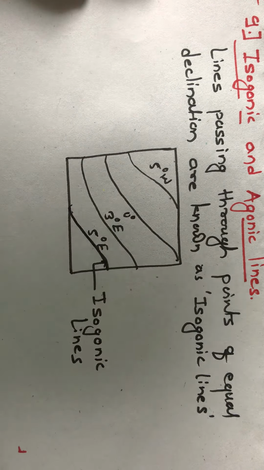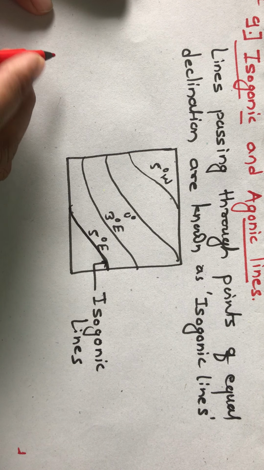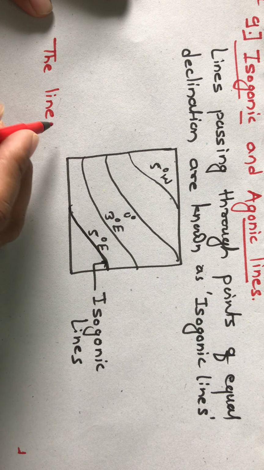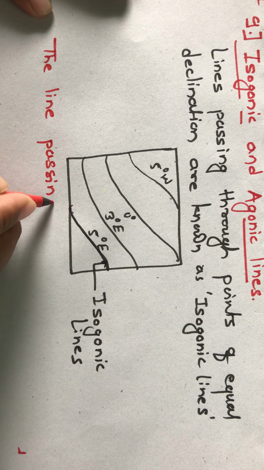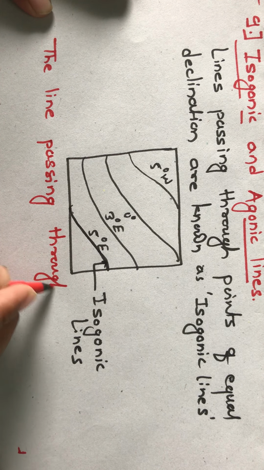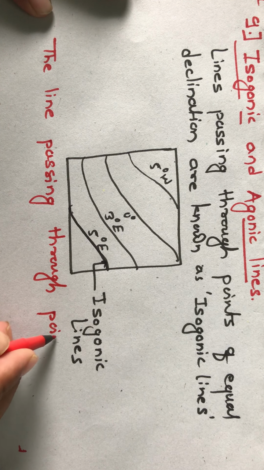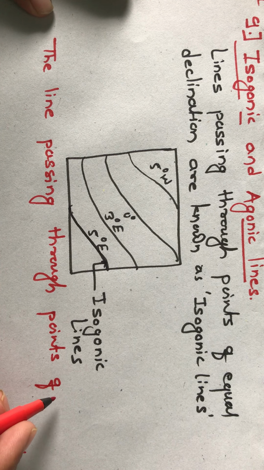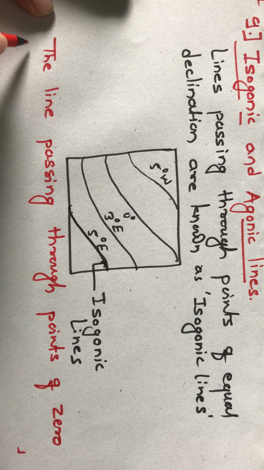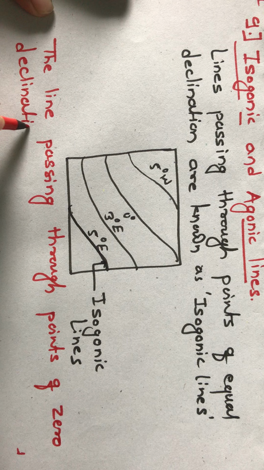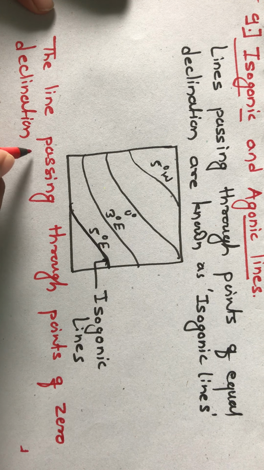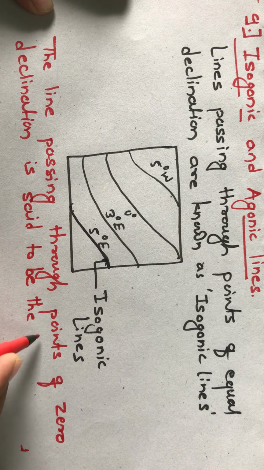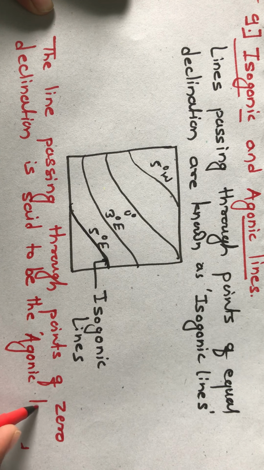Now agonic lines, very simple. The line passing through the points of 0 declination is said to be the agonic line.